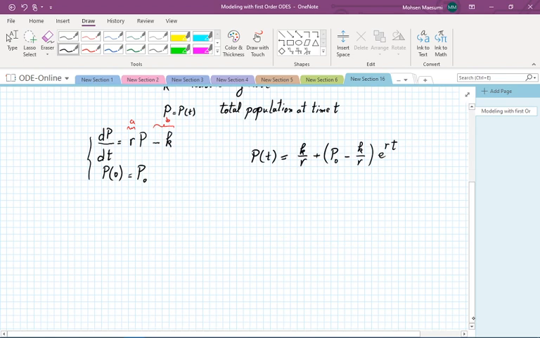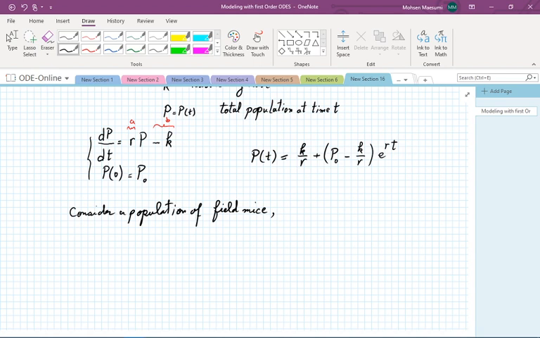So we are going to consider a population of, say, field mice. Well, who is harvesting field mice? In this problem in your textbook, they are interacting with owls.